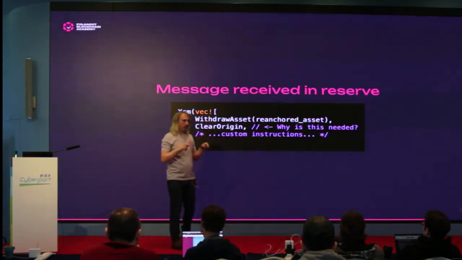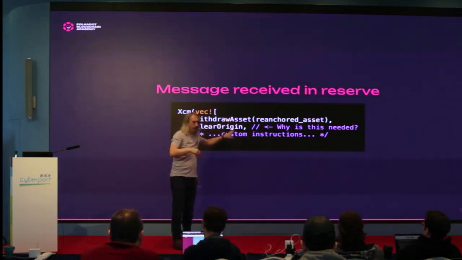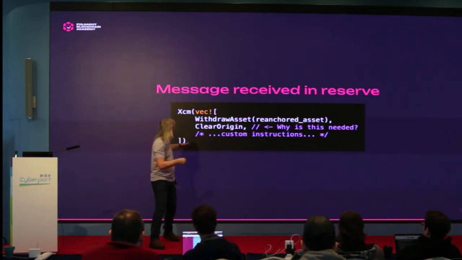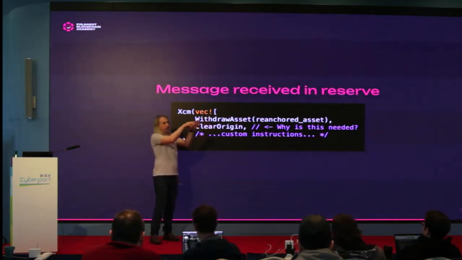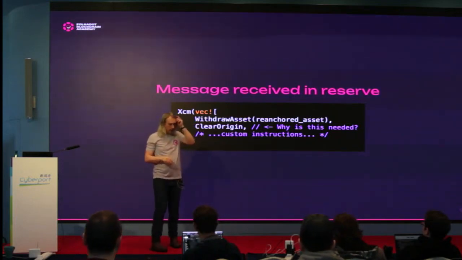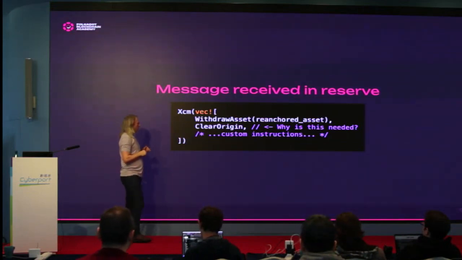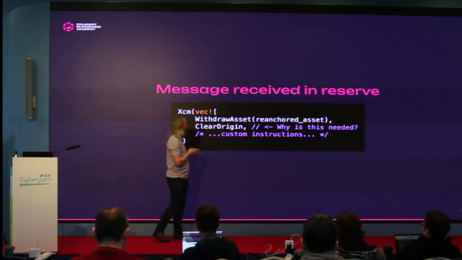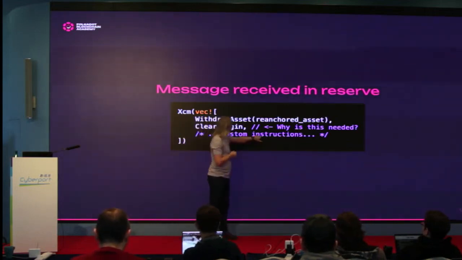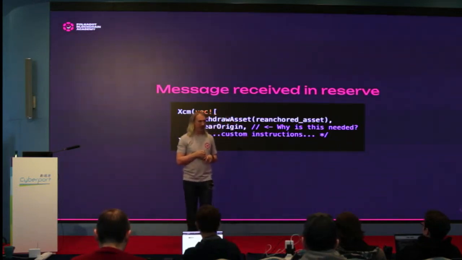The user doesn't hold assets directly on the reserve chain. If they did, then it wouldn't matter. They're holding the assets via this source chain's sovereign account on the reserve chain. In principle, you could get away without a clear origin if you checked these instructions and made sure that they weren't doing anything you didn't like.